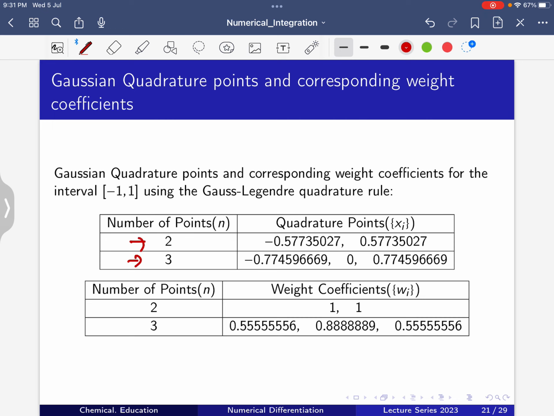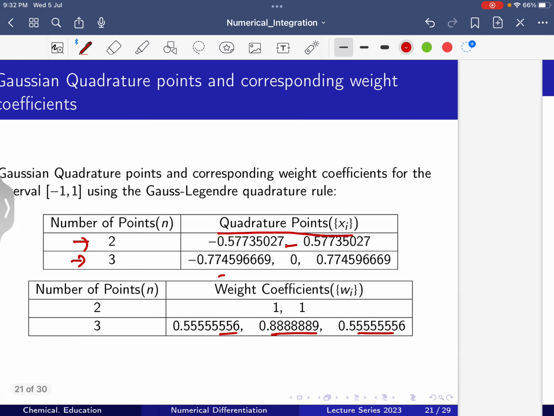For the 2-point formula, the quadrature points are minus 0.57735 and plus 0.57735, and for the 3-point formula, they are minus 0.774596669, 0 and 0.774596669. The weights for 2 points are 1 and 1, and for 3 points they are 0.5556, 0.8889 and 0.5556. Using these point values, we can calculate the integration.